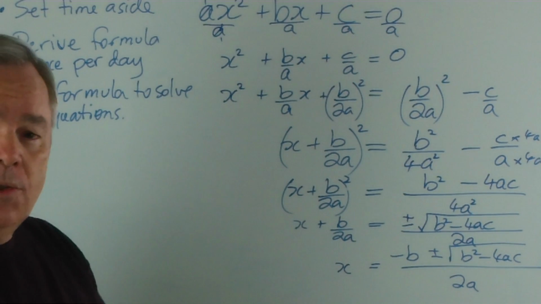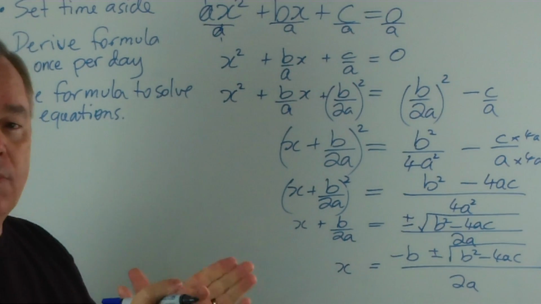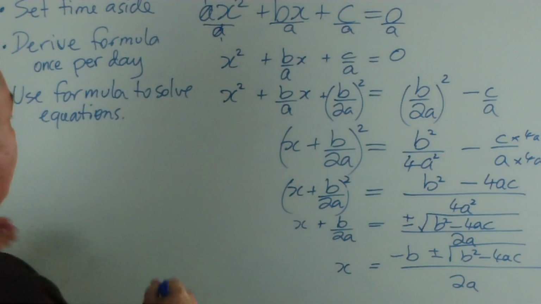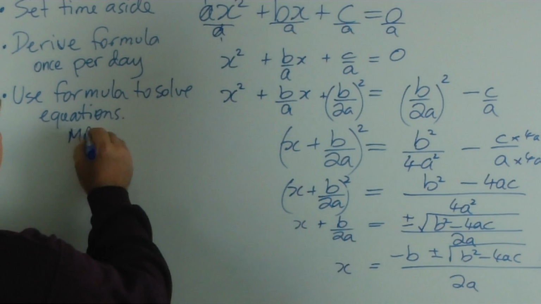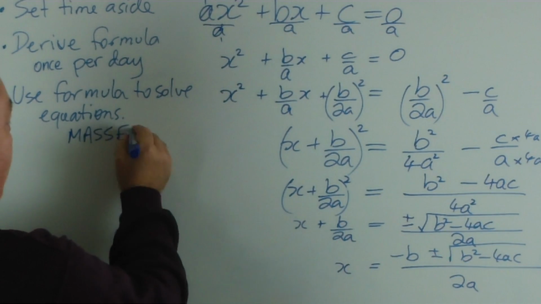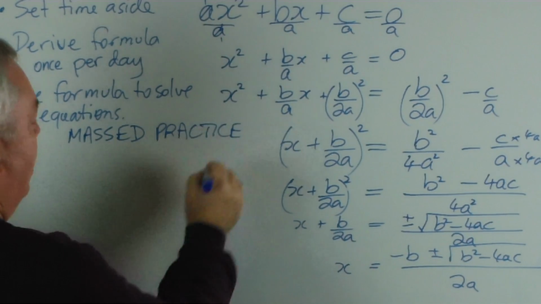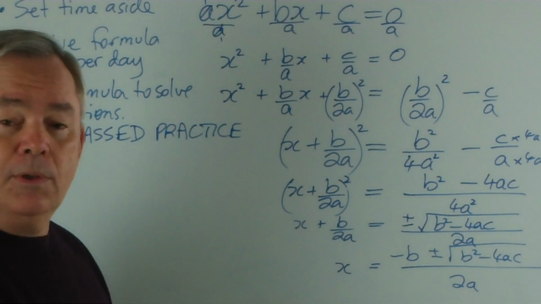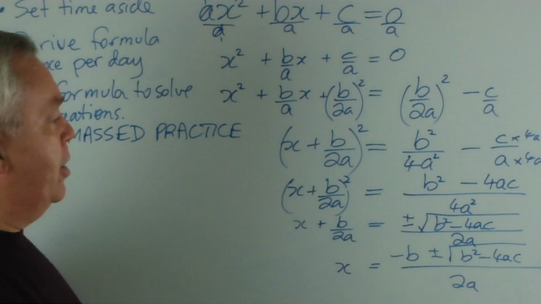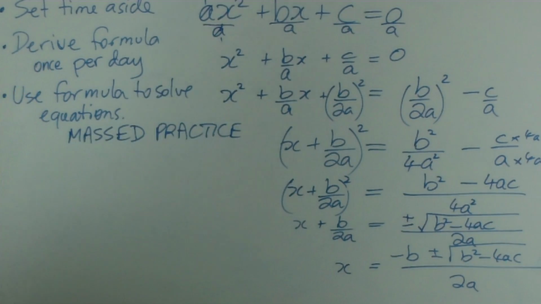Now, the more of these you do, more intensively, the better you're going to learn. This is what we call massed practice. And it's vital for good long-term recollection of the skill and the facts.